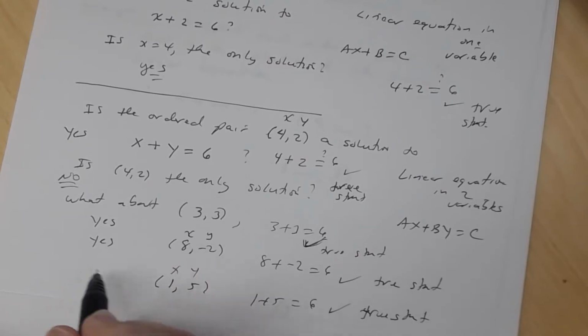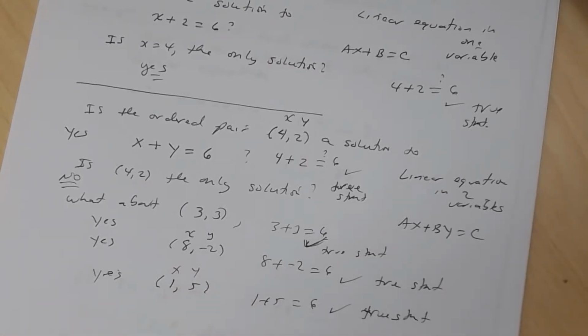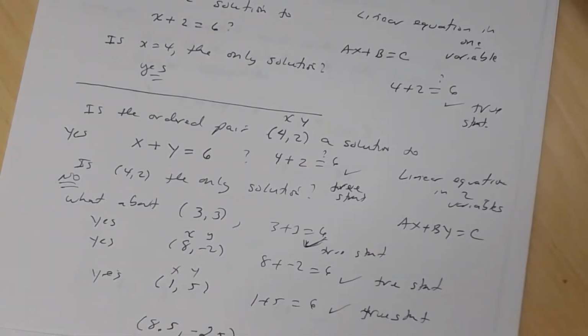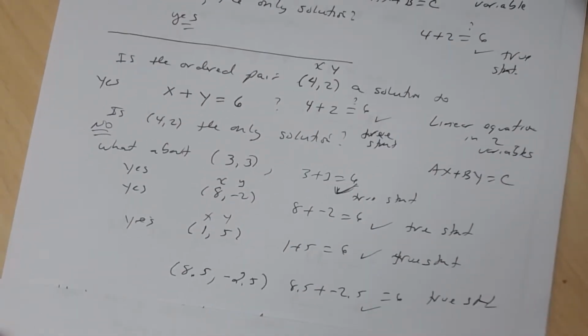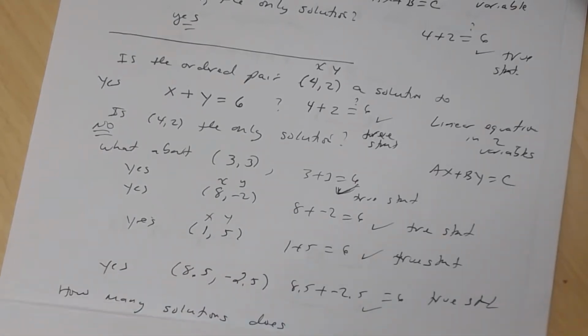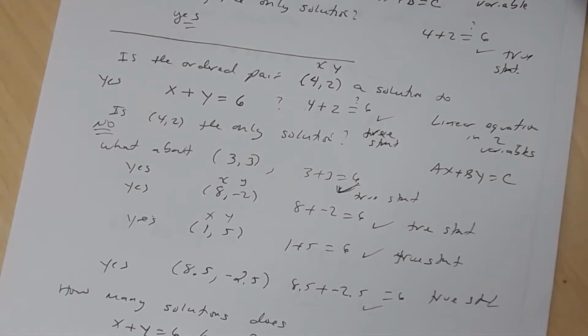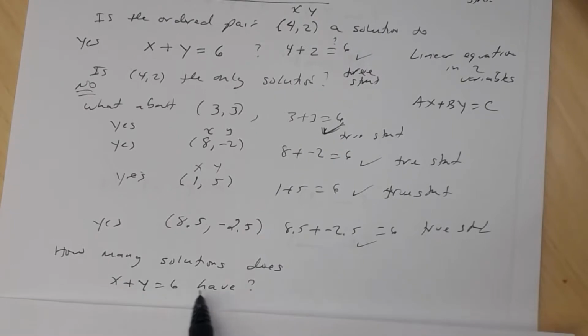Okay, so each of these are solutions. And the same thing for this one: is 8.5 plus negative 2.5 equal to 6? And the answer is yes. That's your true statement. So then the question becomes this: how many solutions do you think this linear equation in 2 variables has?